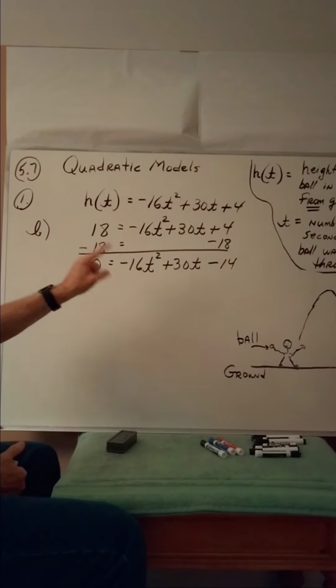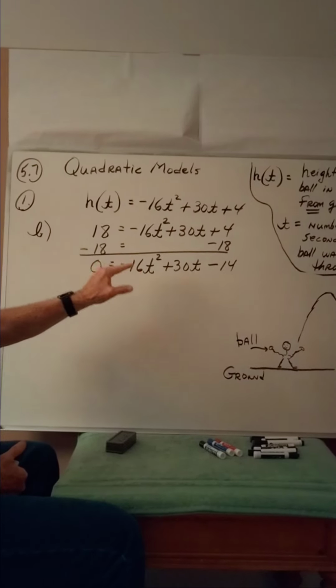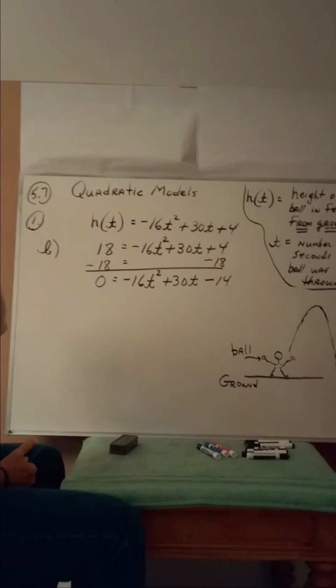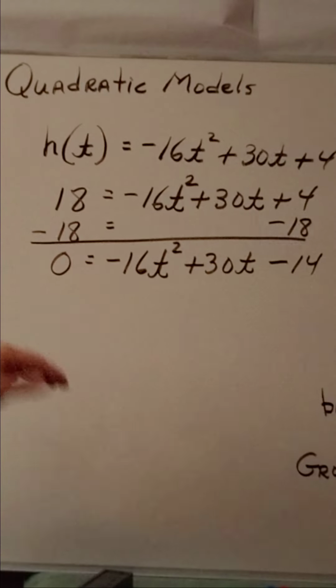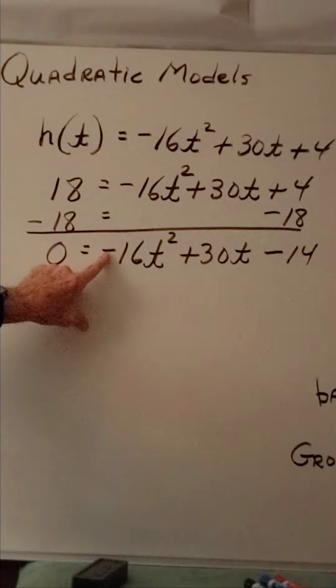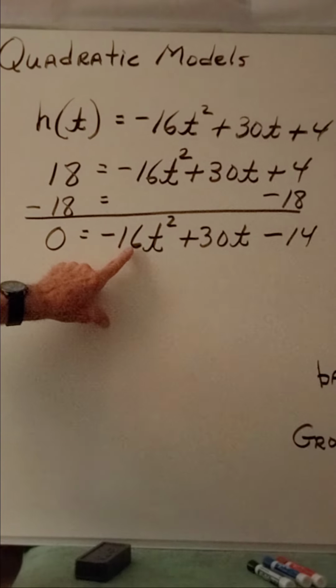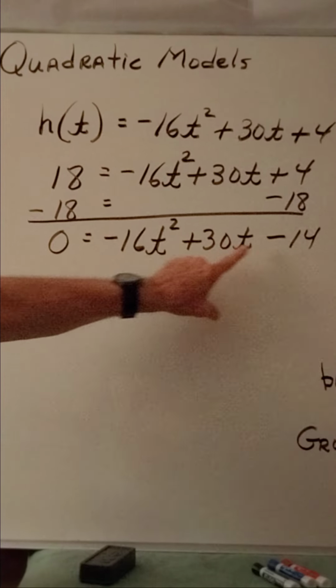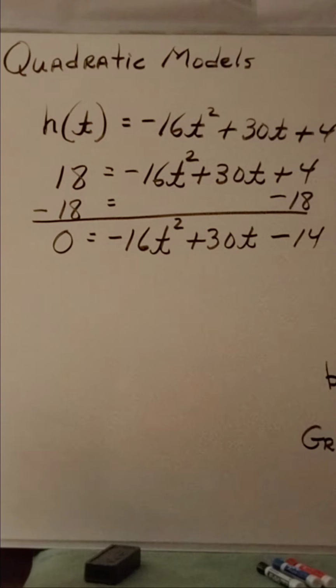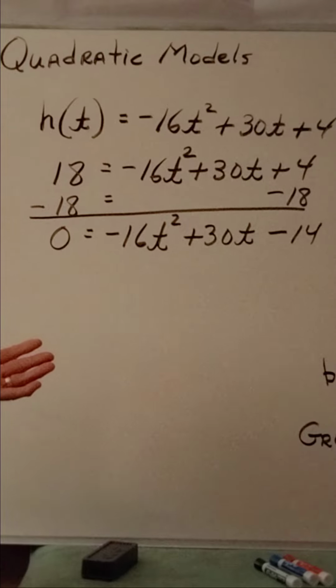Now, definitely one thing that we're going to do, if there is no major GCF, and there is, but if there wouldn't be, we would certainly get rid of that negative sign by factoring out a negative 1. But 16, 30, and 14 are all even. So they're all divisible by 2.